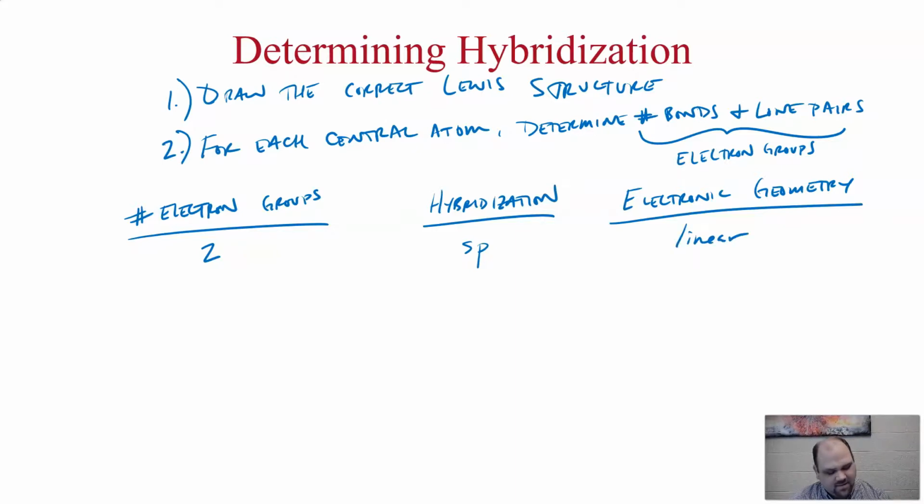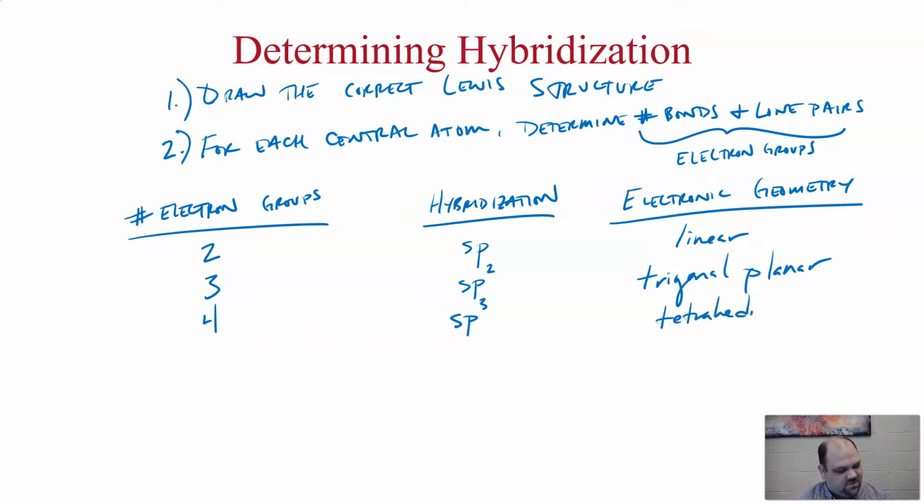Right? If we have three electron groups, that's sp2, and we just said that that was trigonal planar. 4 electron groups, sp3. That was tetrahedral. That was our CH4 example.